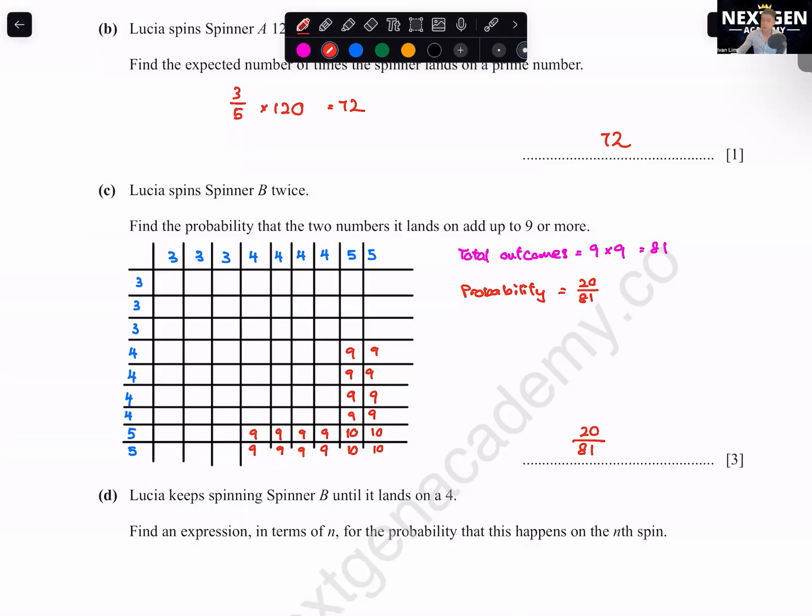Correct. Someone asked, can you do the other way? You can do the other way, but I think for most of you here it is a bit more complicated. Is there a faster way? This way is quite easier. It's a 3-mark question, that's why. It's not a very straightforward question.